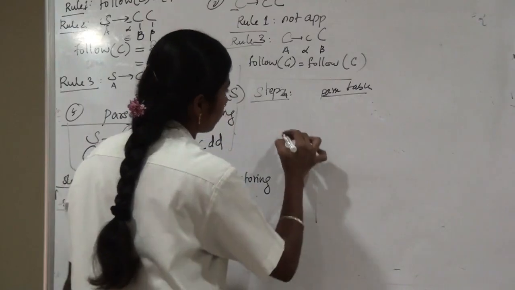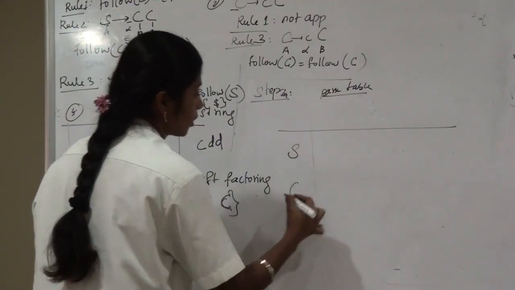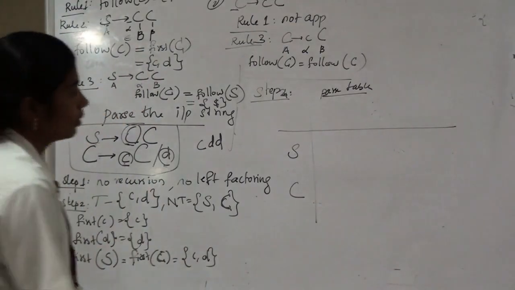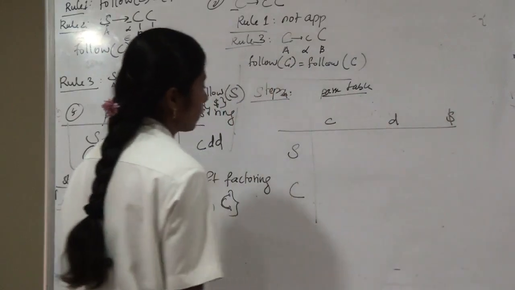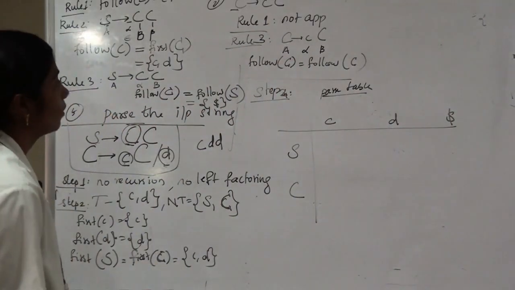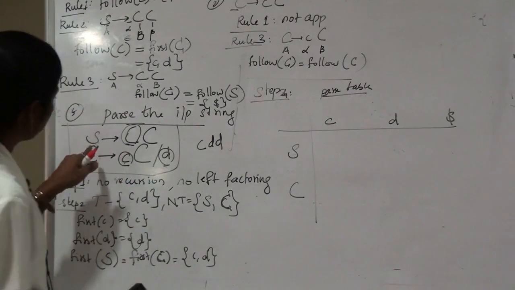In construction of the parsing table, you have to make an entry of all your non-terminals here and your terminals C, D, dollar, right? Then how to make an entry in the table. So take the first production. What is my grammar here?